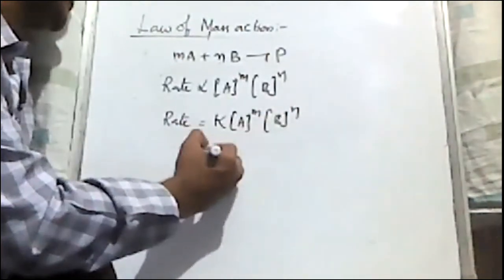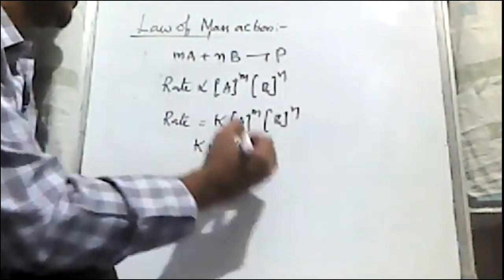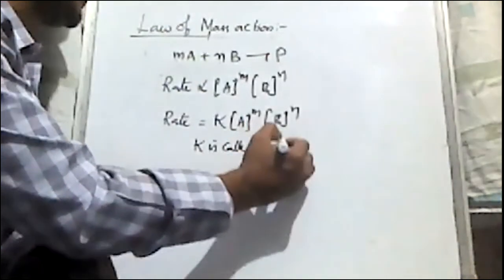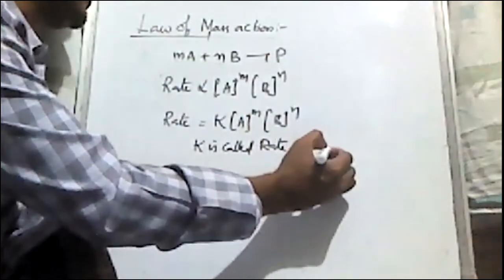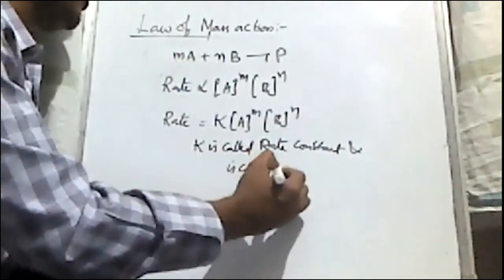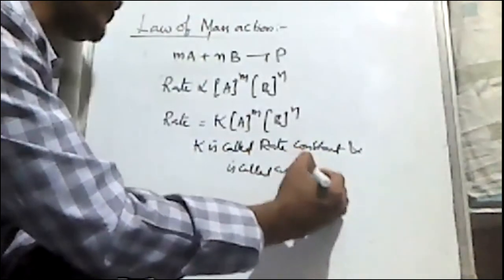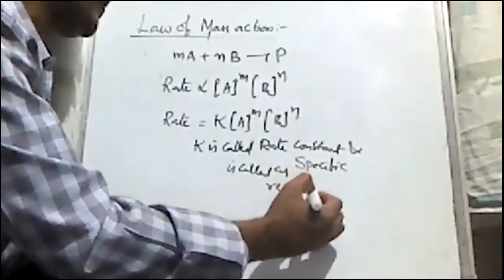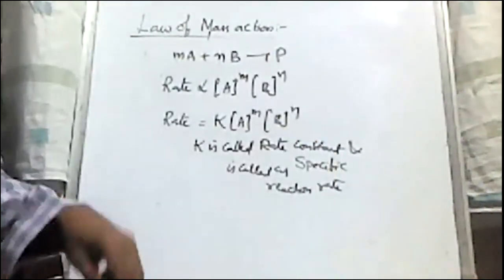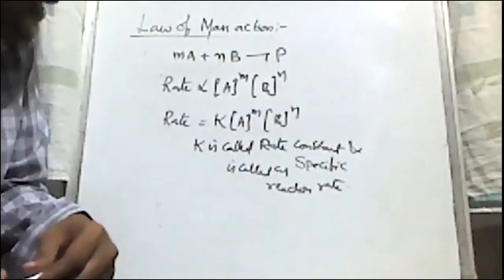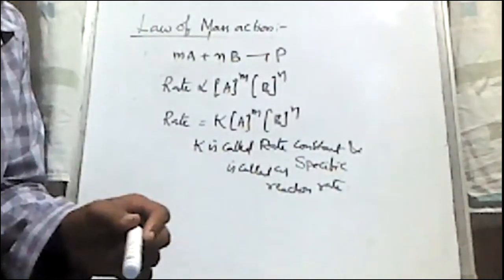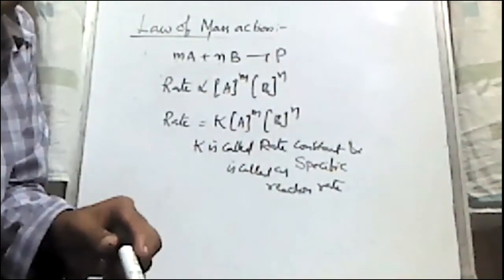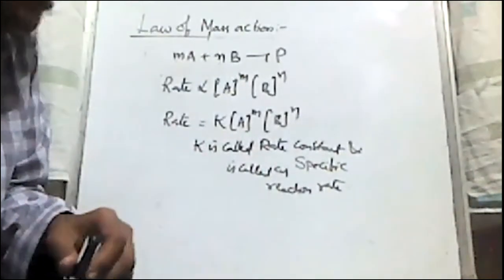Here k is called the rate constant, and it is also called the specific reaction rate.